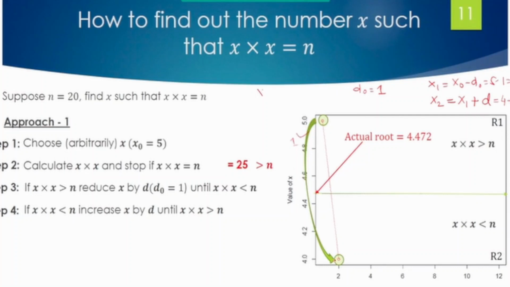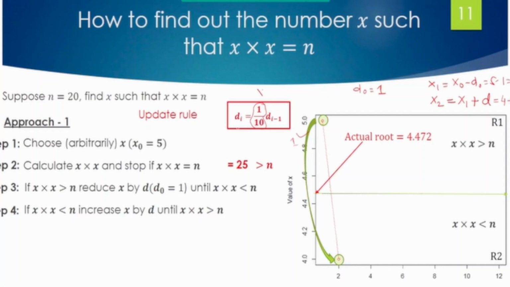Okay, so therefore the update rule that I have chosen is di equals 10% of the older di. This 10% is not very important. You can choose any other percentage as long as that is less than 100%. You can choose 50%, 40%, 99%, but it should not be 100%, that means the same di.